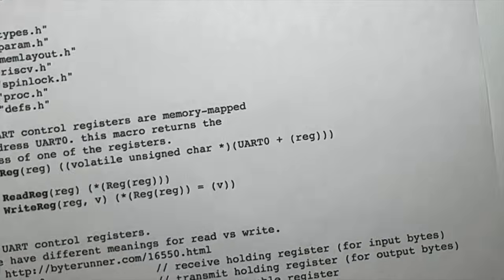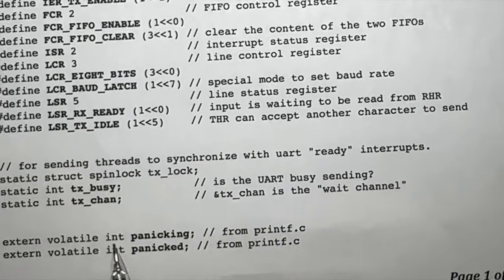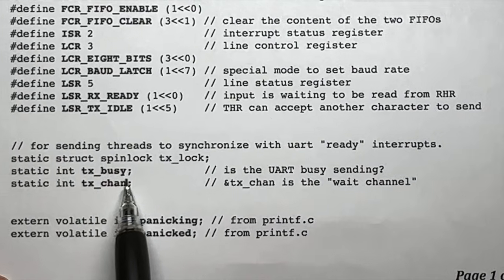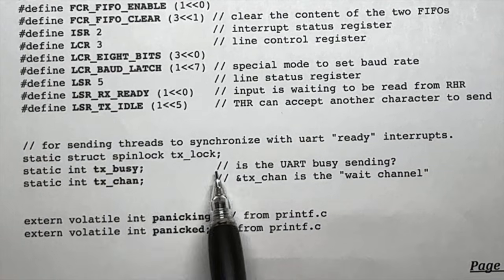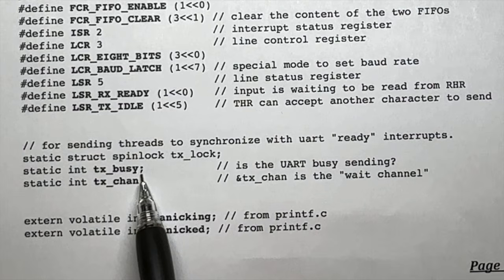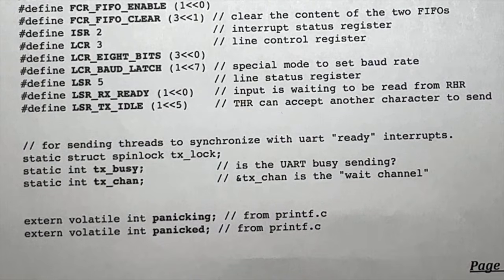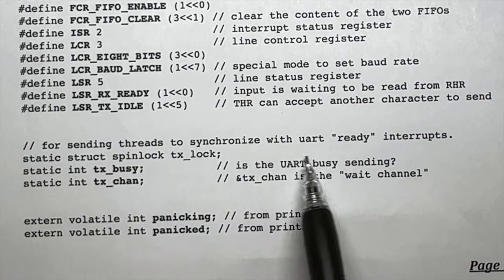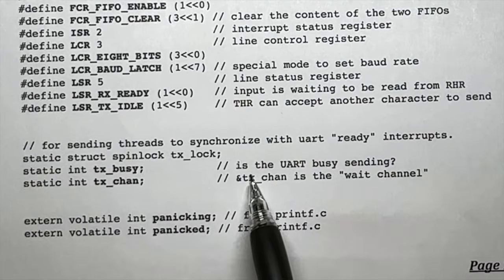Next, let's talk about this Boolean flag named txBusy or transmit busy. Whenever we send a byte to the UART by writing to the transmit hold register, the device becomes busy sending the character. We need to wait before we write the next byte, or else data loss can occur. We must not send bytes to the UART before it's ready to receive them. So we set txBusy to true whenever we move a byte to the UART.